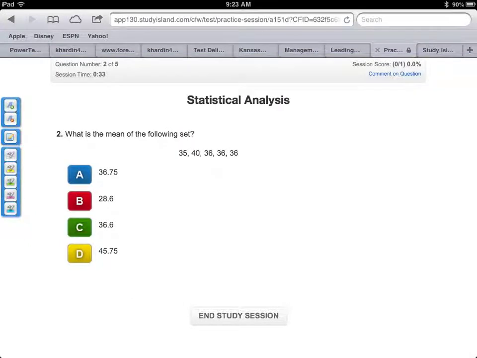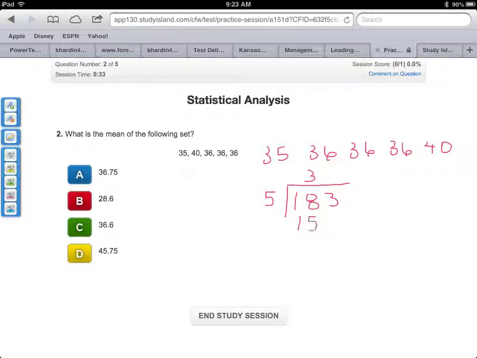This question is asking for the mean of the following set. The first thing we need to do is put them in order. So it would be 35, 36, 36, 36, and then 40. Then we would add them all up together, and that total would be 183. Now, to find the answer, you need to take the 183 divided by how many numbers there are, which is 5. 5 goes into 18 3 times.